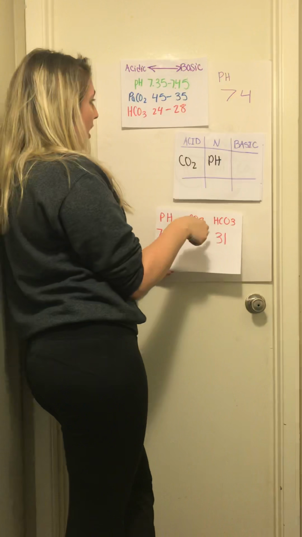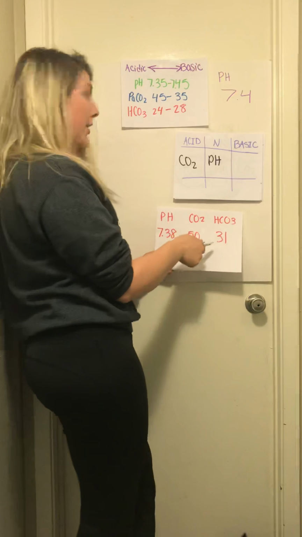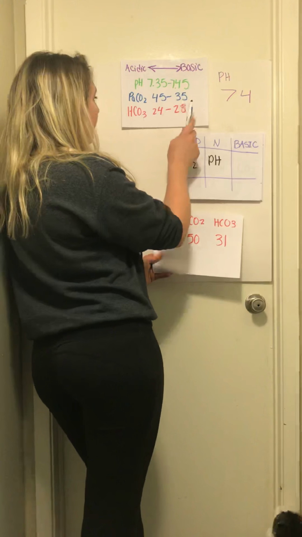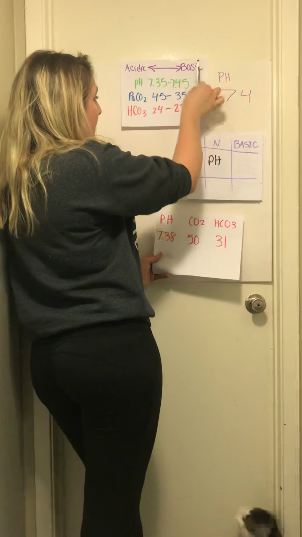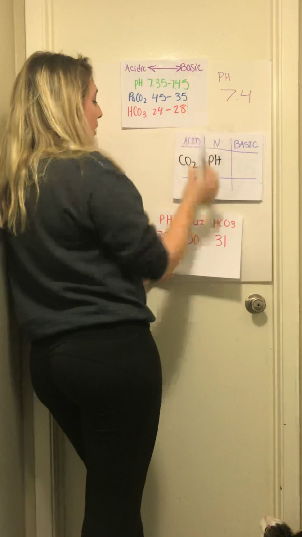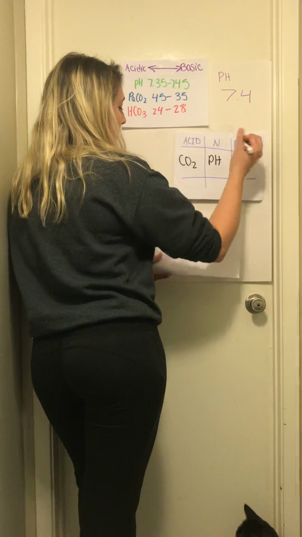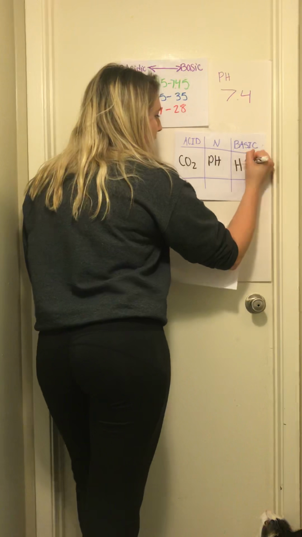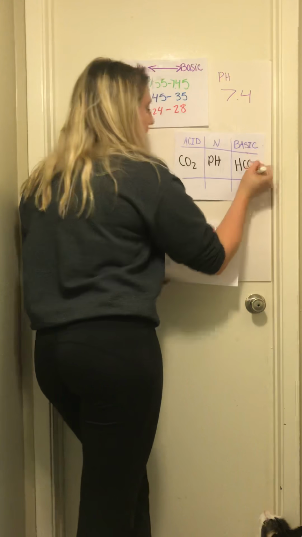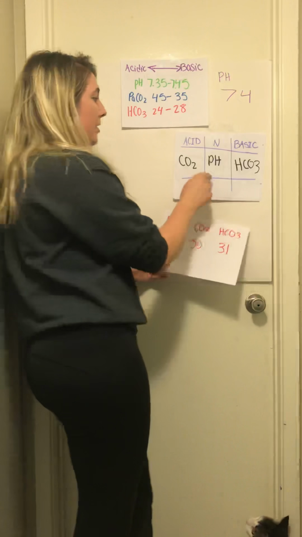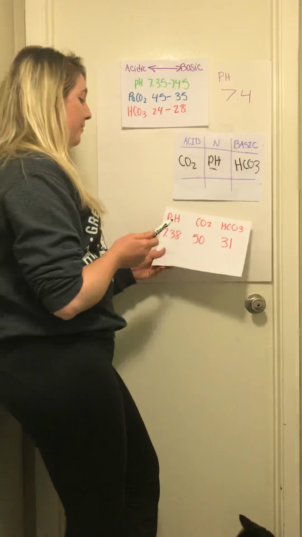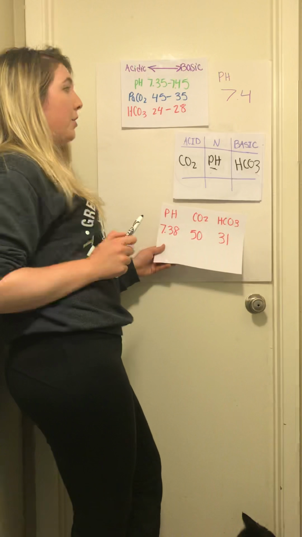And then we go down to our bicarb. Bicarb is 31. Well, 31 is greater than 28. It's on this basic side here. So that's why we write our bicarb value 31 in basic. So HCO3 because it's basic. Now we have to focus back on this pH here, which our pH was 7.38.